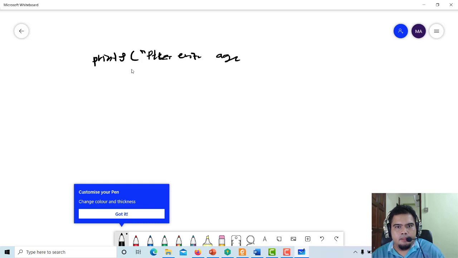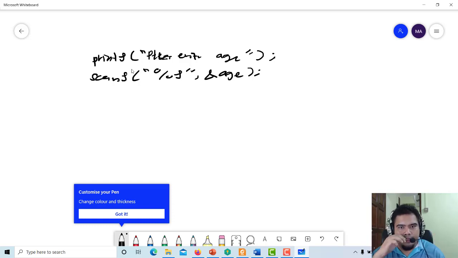Okay, please enter age, and then scanf, percentage f, comma, and then I just put I call my variable age there. Okay, assume I already declared the age above, and of course there's a void main function there. This is the inside.